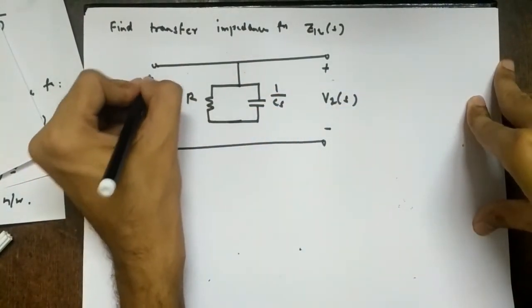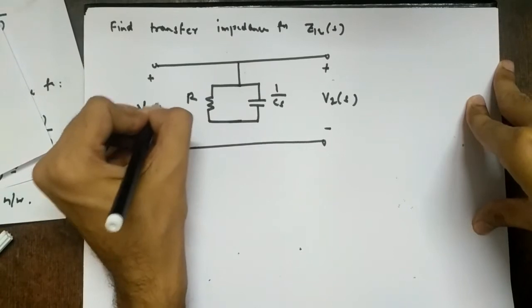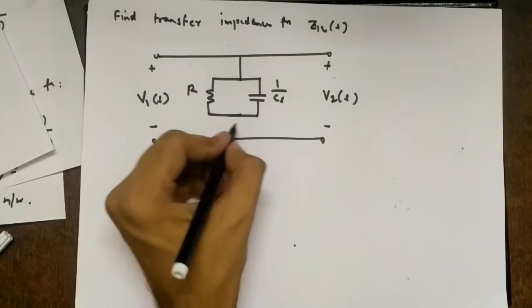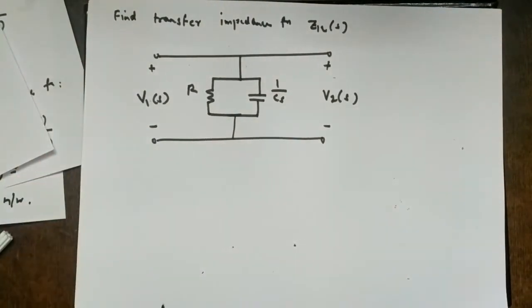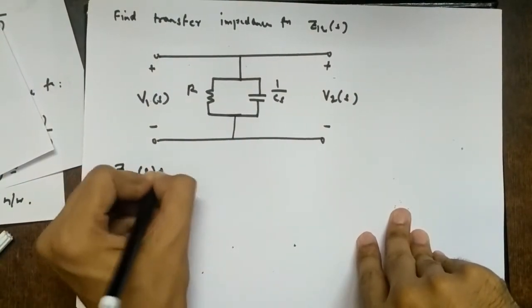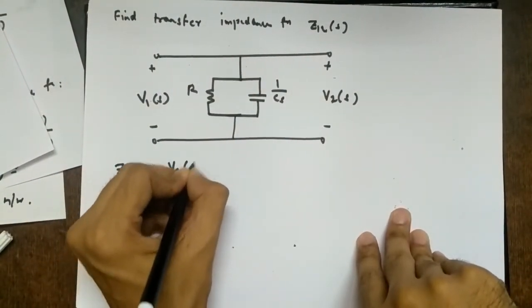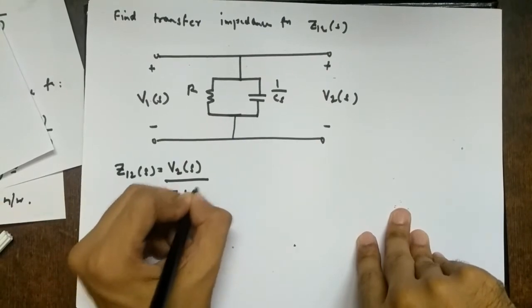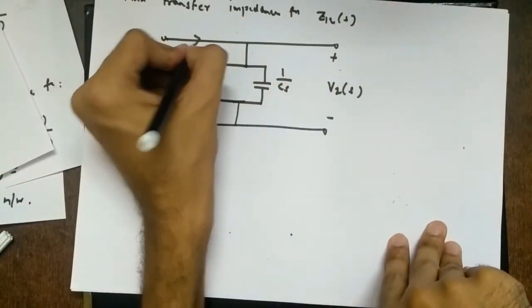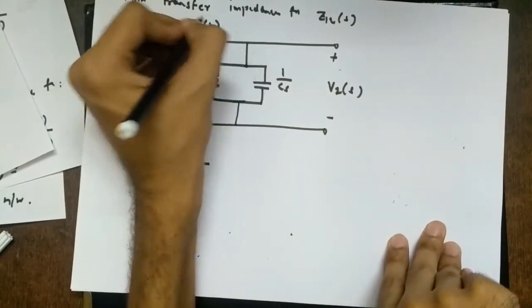A two-port network. So how will you solve this? So Z12 of S. So what is it? V2 of S by I1 of S, right? So basically you have to find this V2 of S, and this is given as I1 of S.